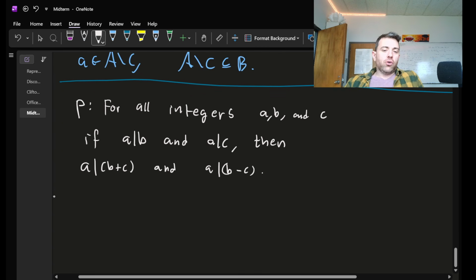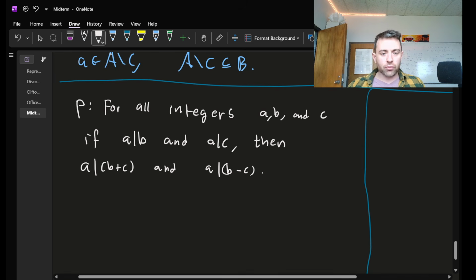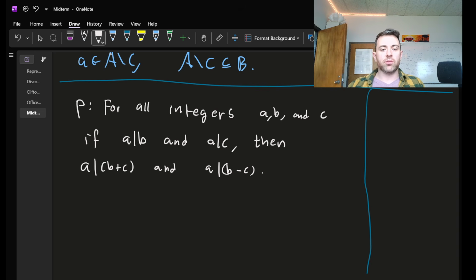Okay, so again, if you hadn't done a ton of practice problems on the homework, you'd have to sit here and think for a little bit. Or if you just stop and think, what does this actually mean? What is this problem trying to tell us? Well, of course, if you have two numbers that are divisible by A, you add them together, you still have something divisible by A, right?